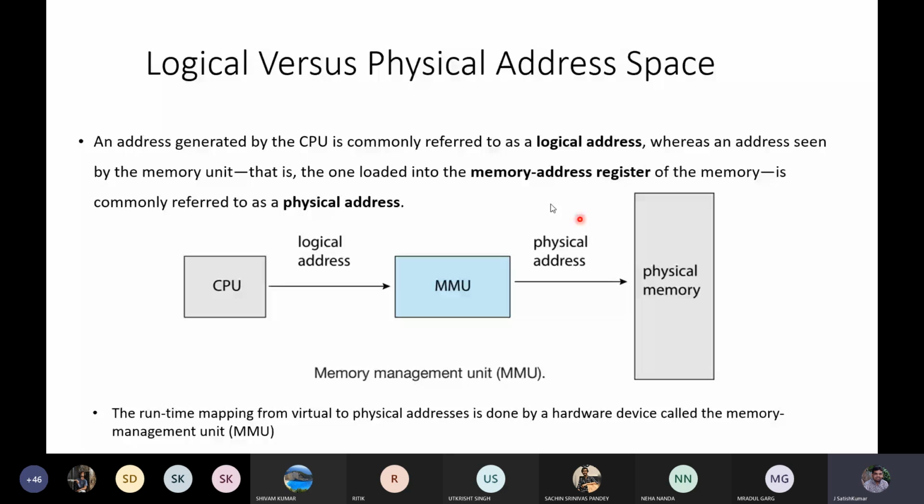An address generated by the CPU is commonly referred to as a logical address, whereas the address seen by the memory unit, that is, the one loaded into the memory address register of the memory, is commonly referred to as a physical address. The runtime mapping from virtual to physical address, meaning logical to physical address, is done by a hardware device that we call the memory management unit.